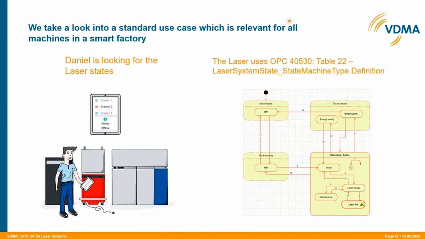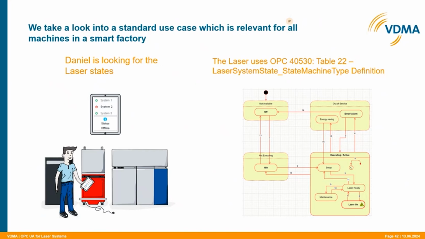And now we will look at an example use case, which we already have seen in the first entry slides. And this use case certainly is relevant for all machines in a factory because you want to know the state of your machine. And Daniel, the user, wants to check the status of these 3 laser systems of 3 different manufacturers or vendors, and he sees the status on his dashboard.